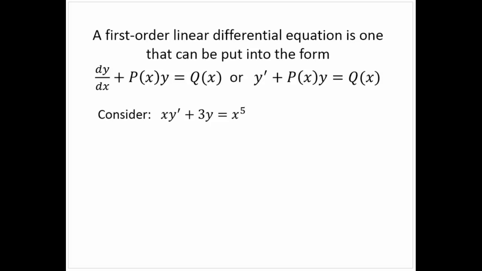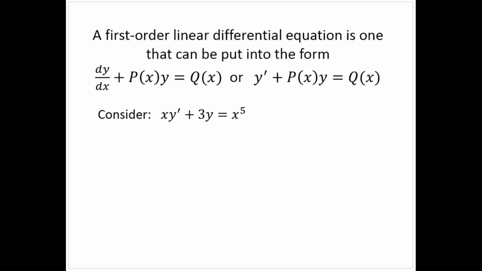So consider this example. x y prime plus 3y is equal to x to the fifth. And again, we want to try to solve for y. We want to find what function, if possible, or generally what equation can be used to solve this equation.